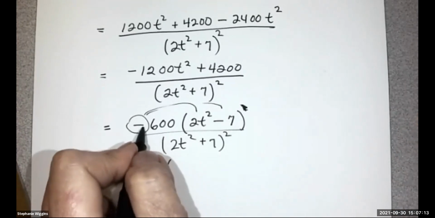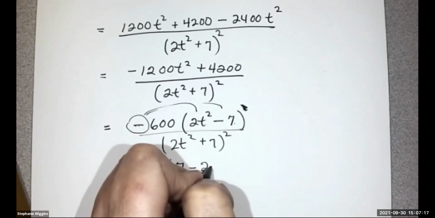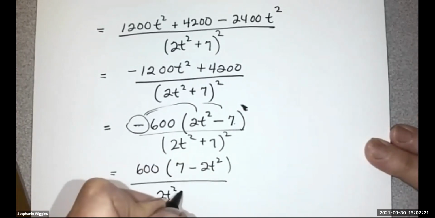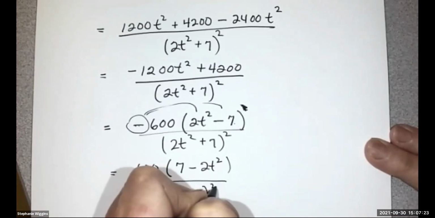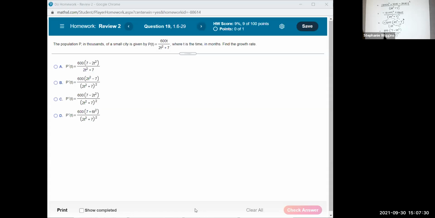So this is going to become a positive 7 minus 2t squared, and then you've got the 2t squared plus 7 squared. I think I got it now to match their answers. So we have 600 times 7 minus 2t squared. I think this is it right here.